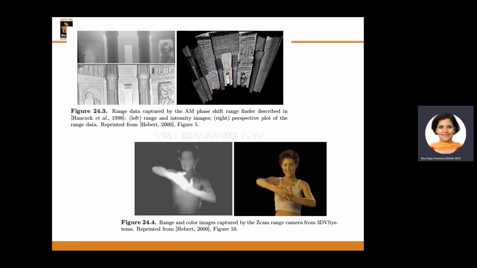Here you can again see some examples of images which have been reconstructed using time of flight sensors. If you look at this image, this is the colored image, or let's say this is the actual object that we are trying to find the range data of. And here towards the left, what you see is a depth image, right? In this depth image, or range image, what you have to note is that those gray level values do not correspond to the exact intensity values of the particular object.